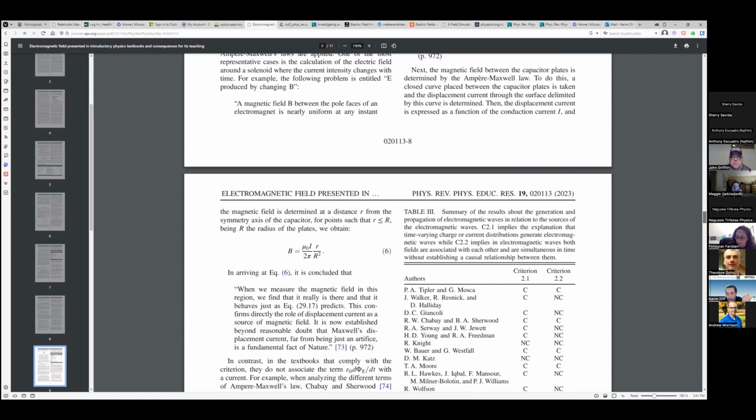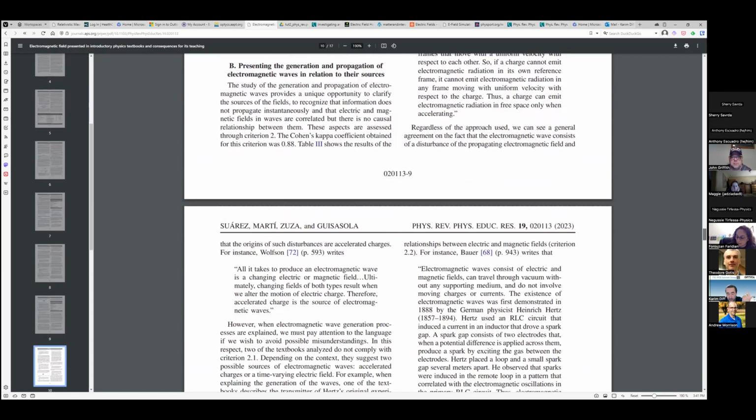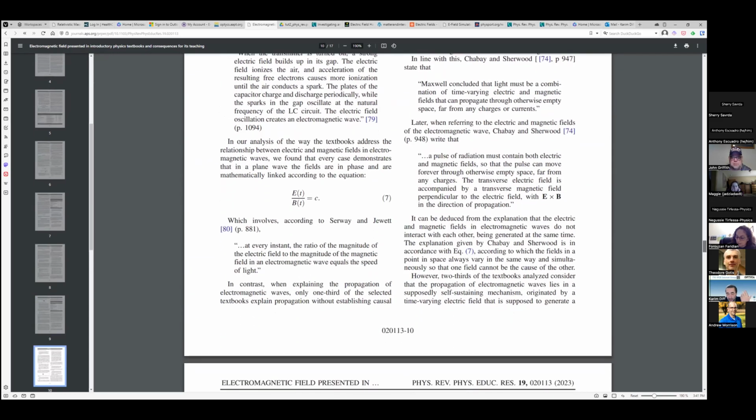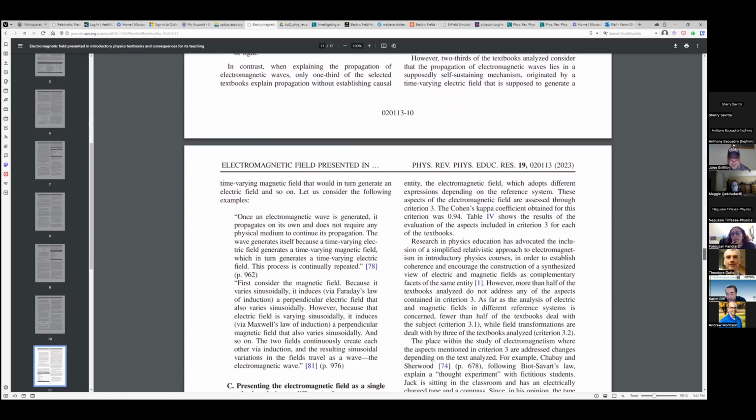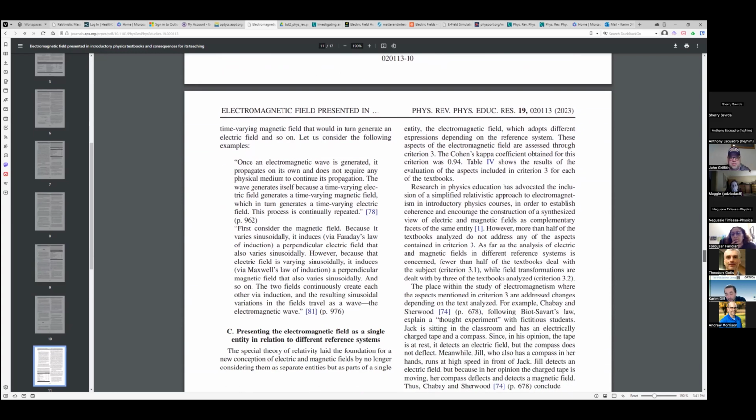Their claim at the end is that this affects the way students are understanding the field because of the inconsistencies in the way the textbooks are making this connection. But they just left it at that at this point. They are also advocating for an introduction of relativity, some simplified version of relativity, to try to make the logical connection between electric and magnetic fields. I'm not sure if that's doable or desirable. I don't know at this point. But that's basically what they were looking at.